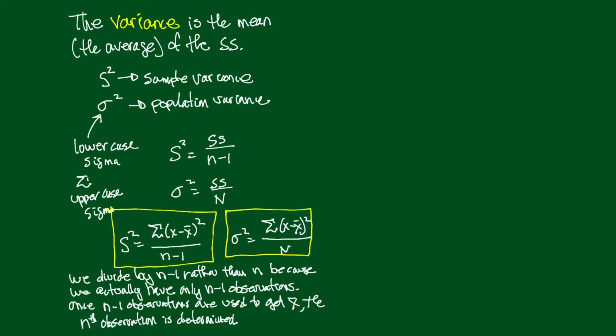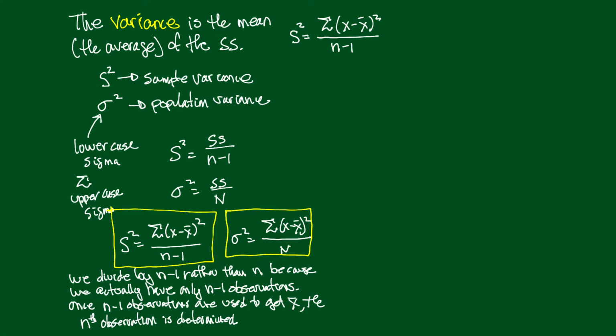So I'm going to write some formulas here. These are the defining formulas. So a couple we've already had here. So S squared is equal to the sum of x minus x bar squared over n minus 1.